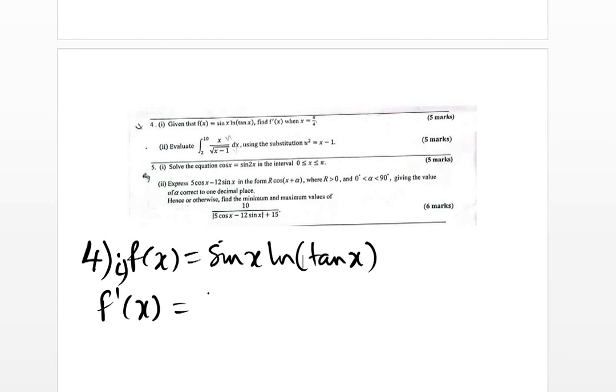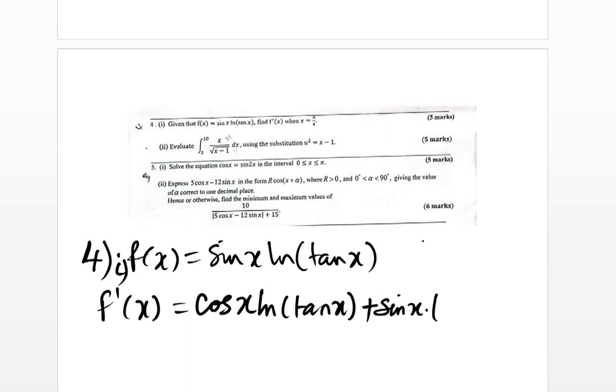We have two functions here. In fact, we even have three functions. How do you identify? We have a product of two functions, sin x times ln tan x, which means we are going to use the product rule. If I differentiate sine, I'm going to have cos x, then I will maintain ln tan x, plus, since I differentiated this the first time, I will maintain sin x, and I differentiate ln tan x.